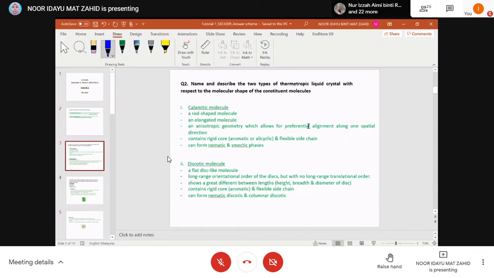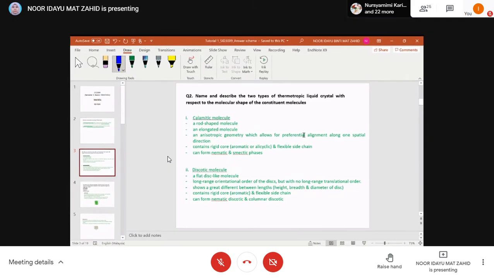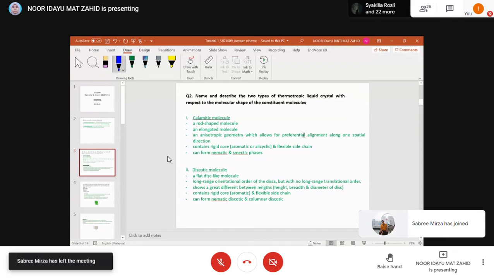So depending on the overall shape of the molecule, in this course we are covering the calamitic molecule, which means a rod-like shaped molecule, and also disc-like molecule. So for rod-like molecule, calamitic, it's a rod shape. So you describe calamitic as an elongated molecule due to the rod shape.